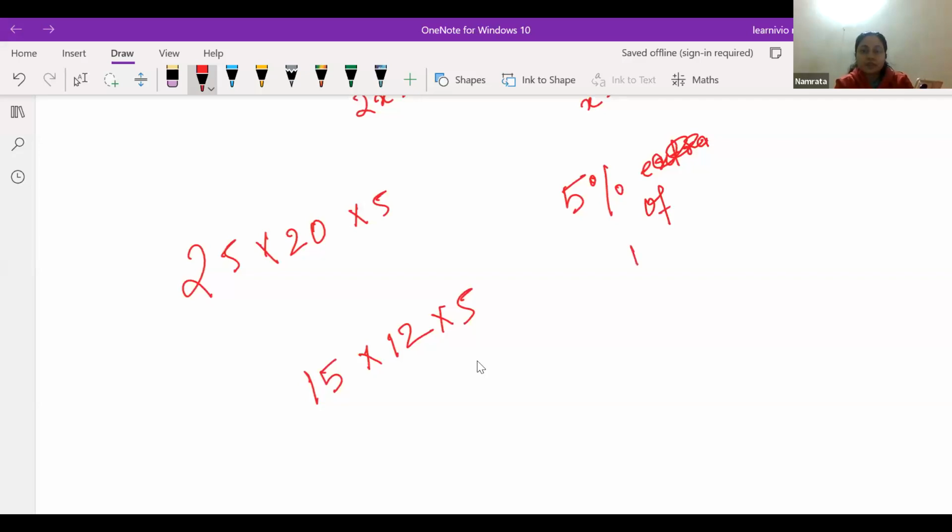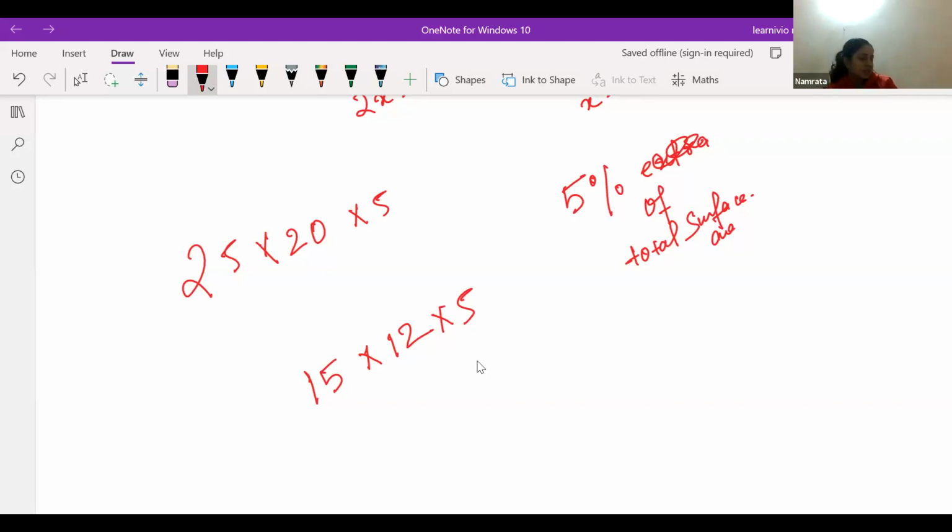Total surface area. If the cost of the cardboard is rupees 4 for 1000 centimeter squared, find the cost of cardboard required for 250 boxes of each kind. Okay, it will take a few minutes.